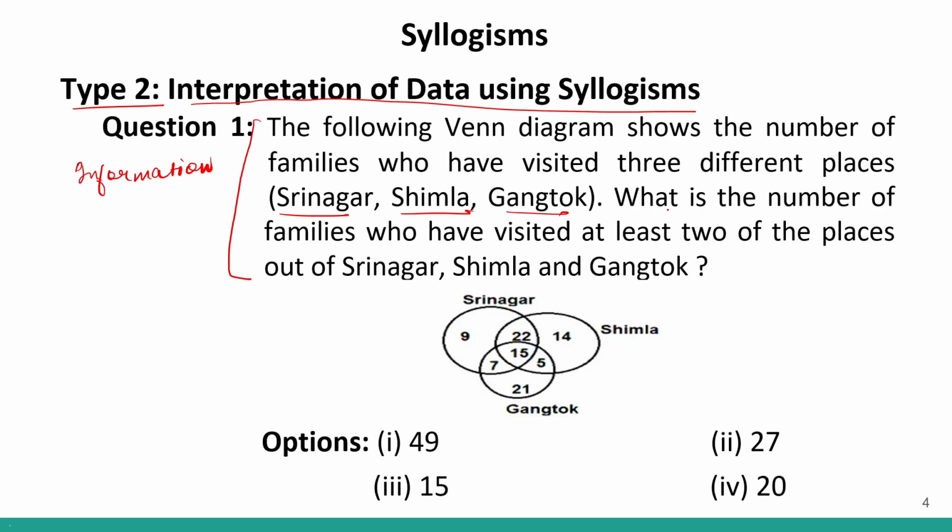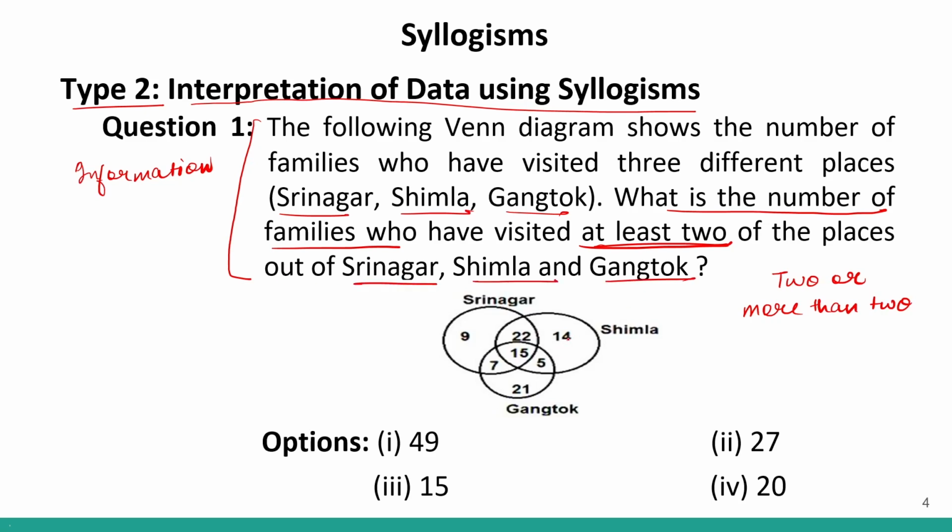So this data represents the number of families that have visited Srinagar, Shimla or Gangtok. We have to find out the number of families who have visited at least 2. At least 2 means 2 or more than 2 of the places out of Srinagar, Shimla and Gangtok.